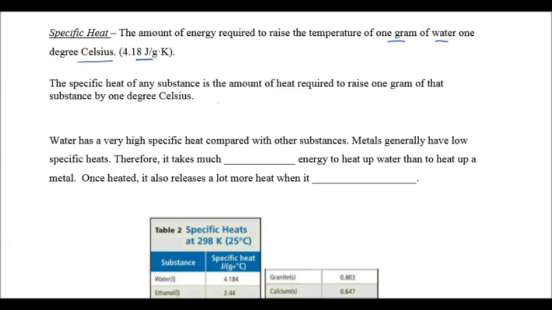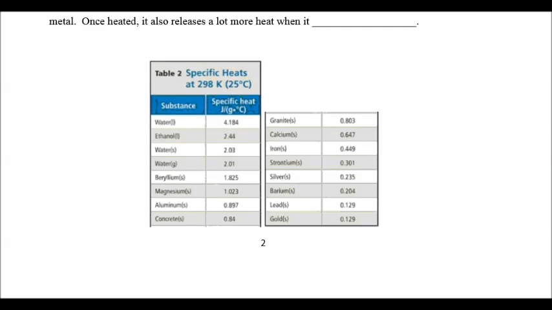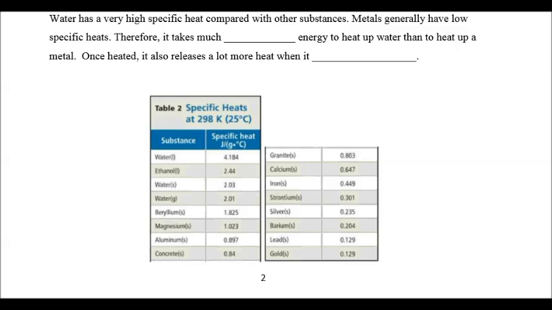Water has a very high specific heat compared to other substances, which we can see in this chart down below. Water, 4.184 joules per gram degree Celsius. A metal, like aluminum, is only 0.897.